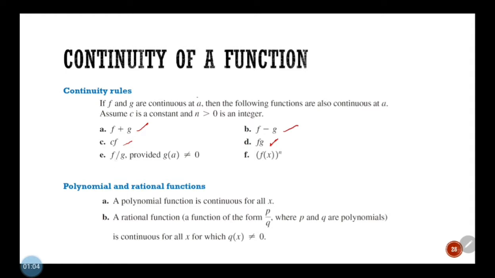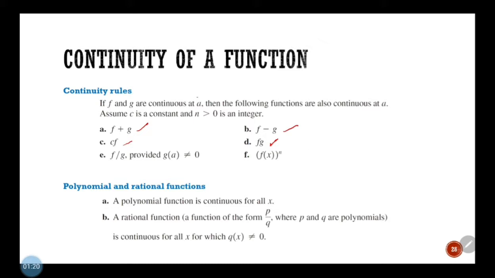Same goes for f over g, or f divided by g, provided g(a) does not equal 0. And f(x) to the power of n will also be continuous if f(x) is continuous.